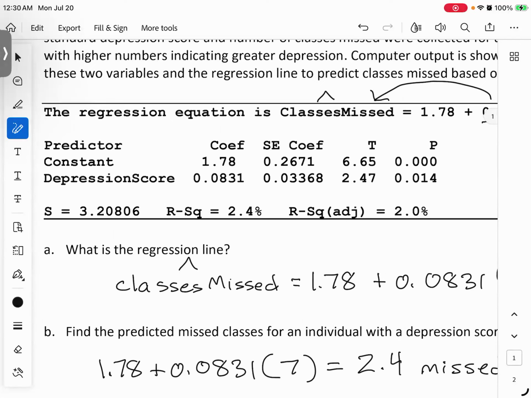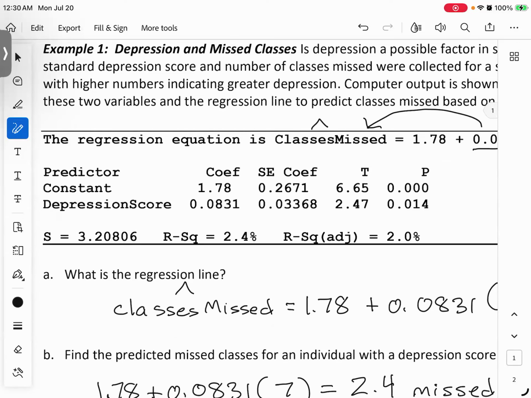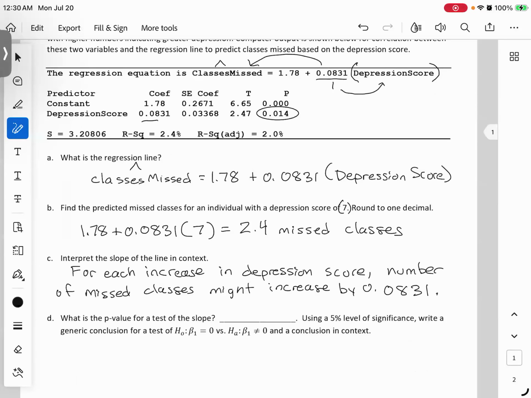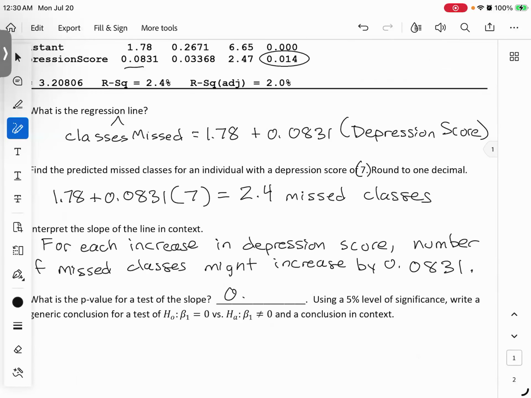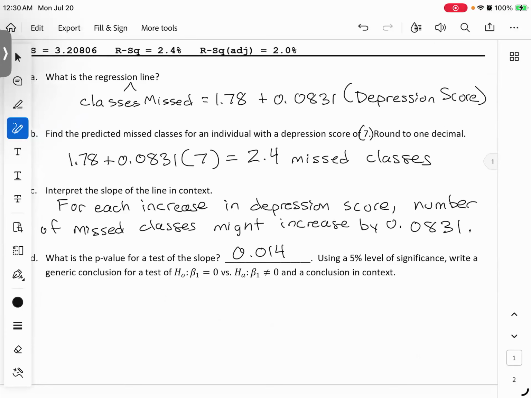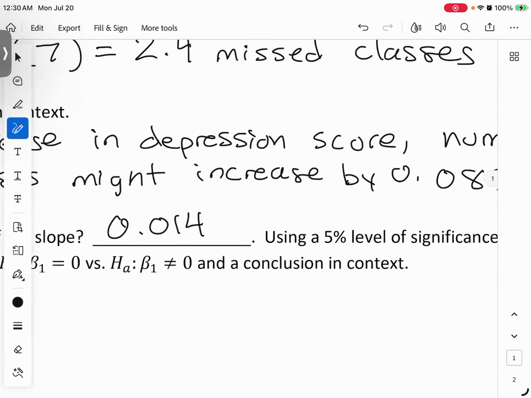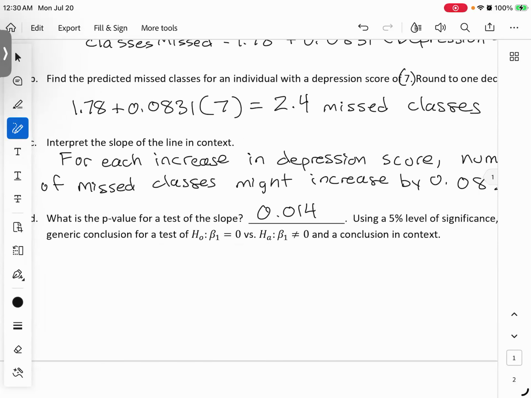And if you see right here where the output is depression score, you see the slope, and you also see its p-value, which is 0.014. So 0.014 is the p-value. And was this a fluke? If we're using an alpha of 5%, we can reject the null hypothesis. In other words, no, it wasn't a fluke. There's a very small chance that it was a fluke. So we would say that result is significant.